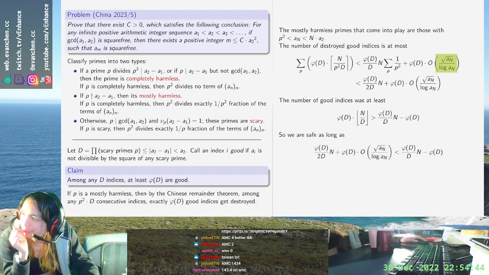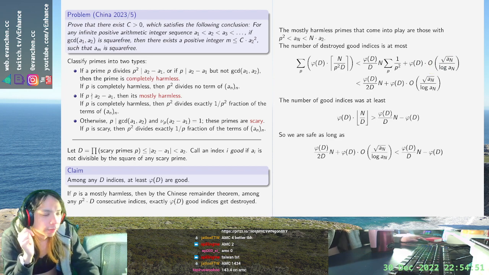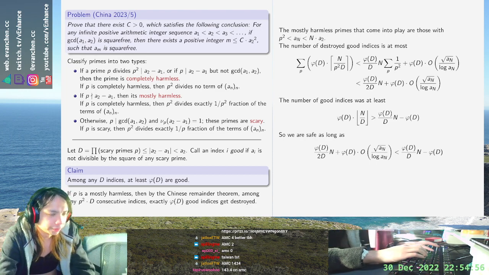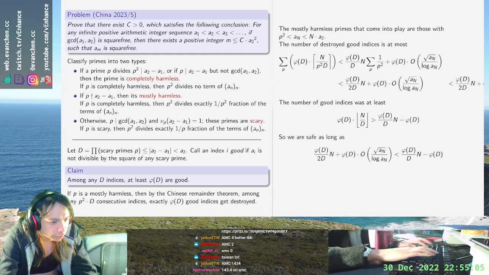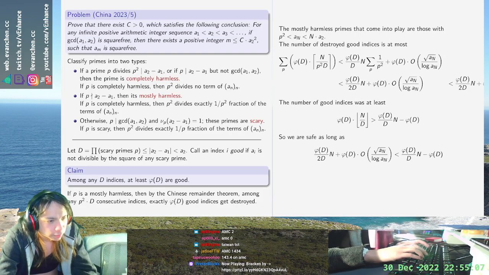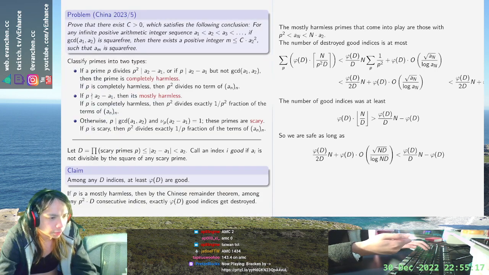This is by the prime number theorem. It's due to the number of primes that are less than square root n. A sub n is less than n times d. We're going to use that. And then I can just swallow the thing into the big O term.